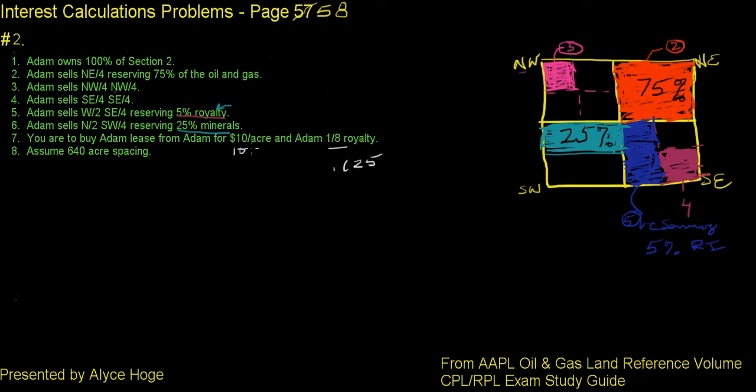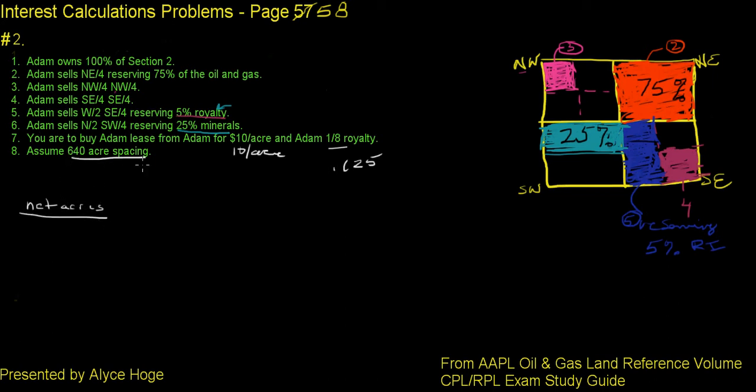This is going to be for $10 an acre. And then it says assume 640 acre spacing. That's important because when you go to calculate the interest, what you want to put is the net acres divided by the unit acre.